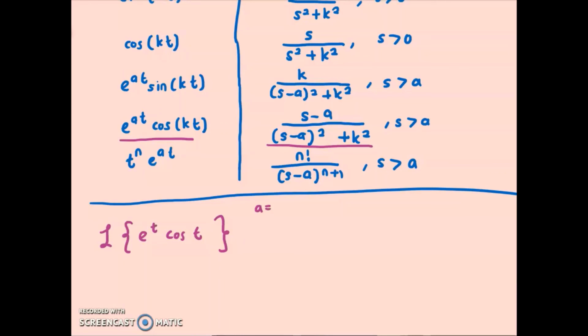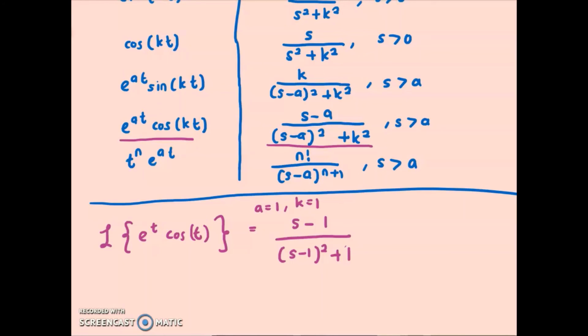I know that my a is 1, so I have s minus 1 over (s minus 1) squared plus k squared. What is k here? k is also 1, so this is 1 squared. So this is how you simplify without using the integral definition.